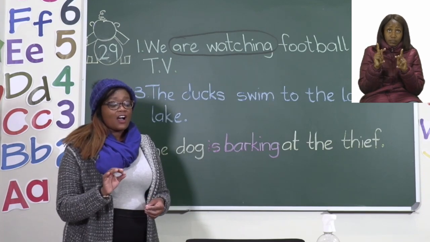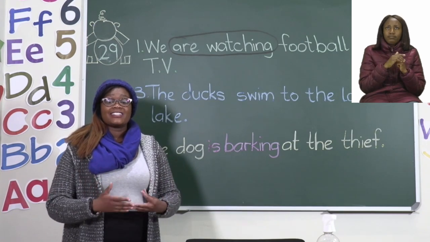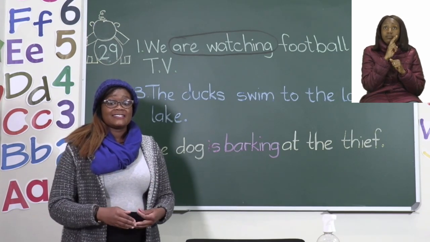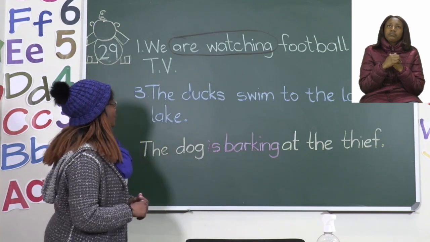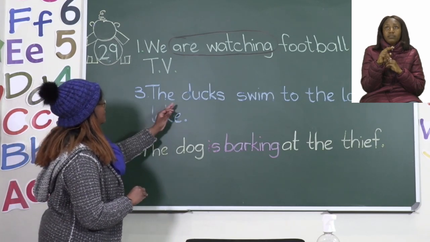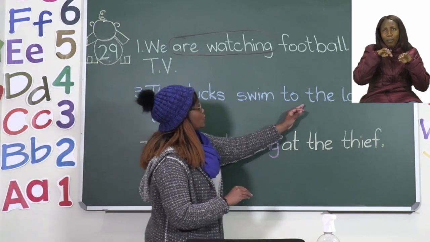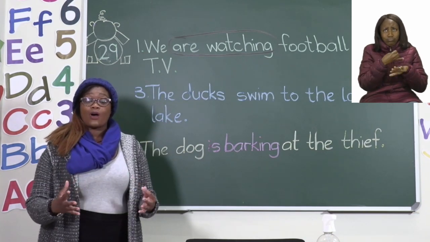After that, they are asking you to circle a verb that actually happens often, still in the present tense. We're going to do number 3 together. So number 3 says, the ducks swim to the local lake. That's something that happens often.